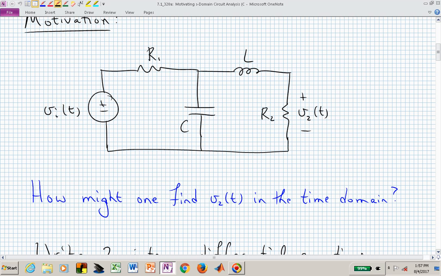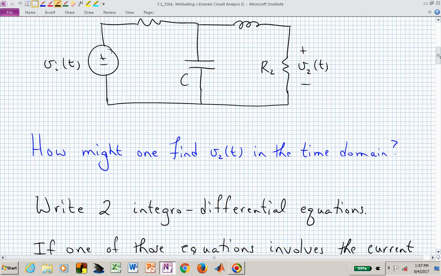Now we'll be able to write algebraic equations dealing with generalized impedance values associated with the inductors and the capacitors, and they will have S's, this complex frequency variable S arising from the Laplace transform, as a part of putting this circuit into the S domain.